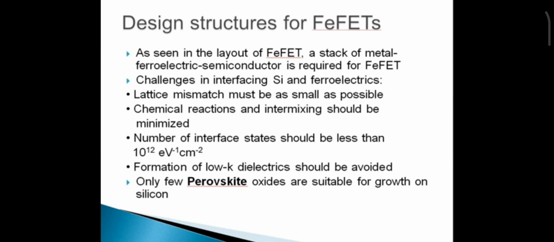Third, the number of interface states should be less than 10 to the power 12 per electron volt per centimeter squared. Fourth, formation of a low-k dielectric should be avoided. Only a few perovskite oxides are suitable for growth on silicon material.